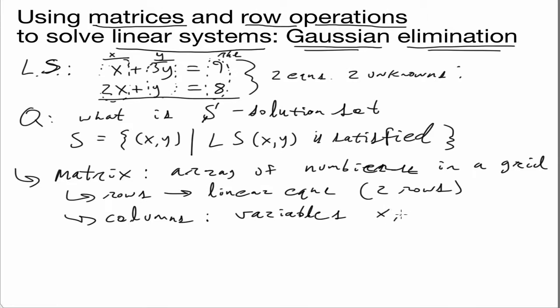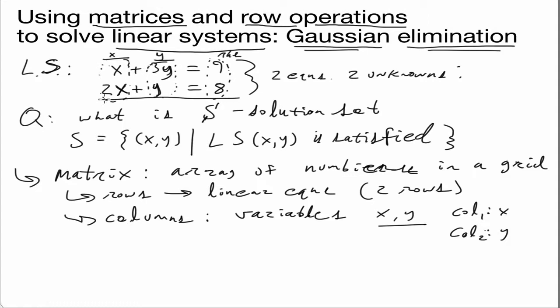So in this case we have x and y. All right, and so we have to give them a position. So we'll call column 1 x, and column 2 everything involving y.